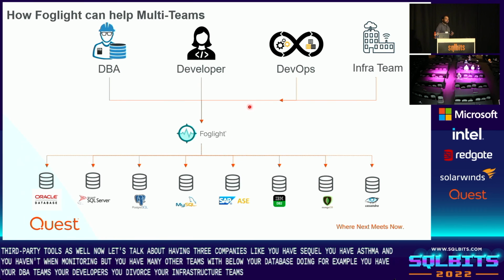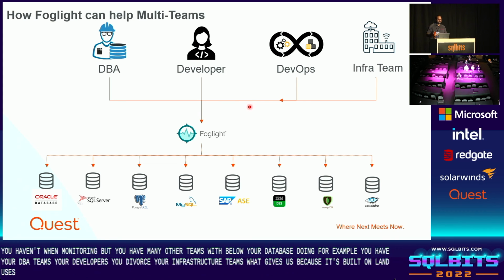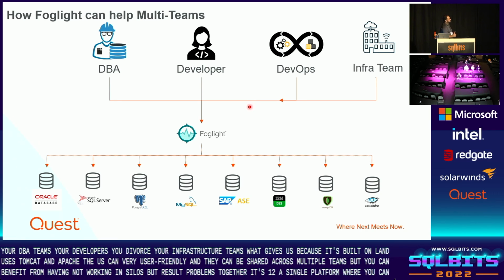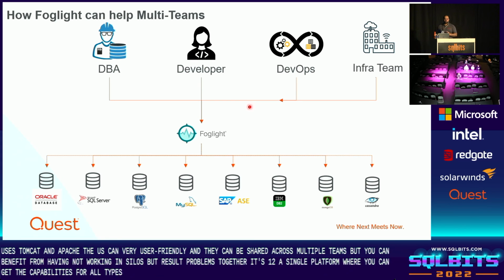What Foglight gives you is, because it's built on Java and uses Tomcat and Apache, the UIs are very user-friendly and can be shared across multiple teams, where you can benefit from not working in silos, but resolving problems together. It's one tool, a single platform where you can get the capabilities for all types of databases, as well as for SQL Server, Azure, and end-to-end Azure monitoring.